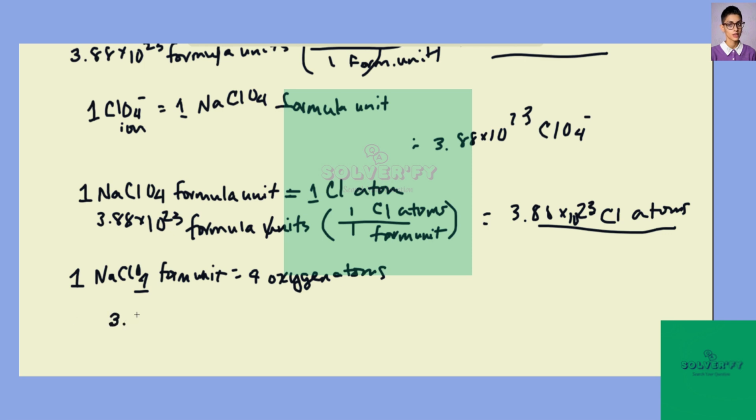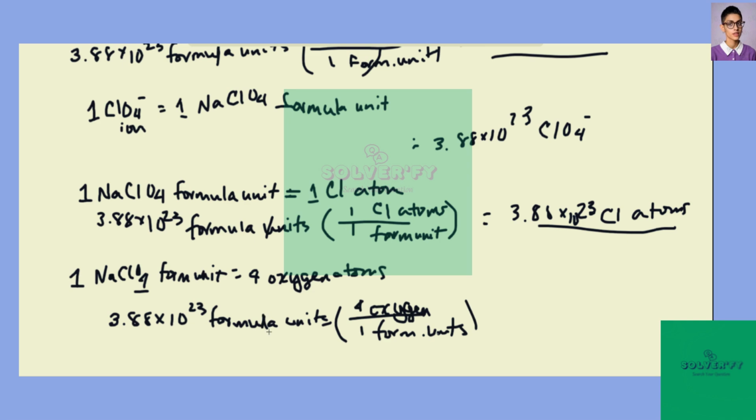So that means that there will be 4 times as many oxygen atoms in the given quantity, or 1.55 times 10 to the 24 atoms of oxygen.